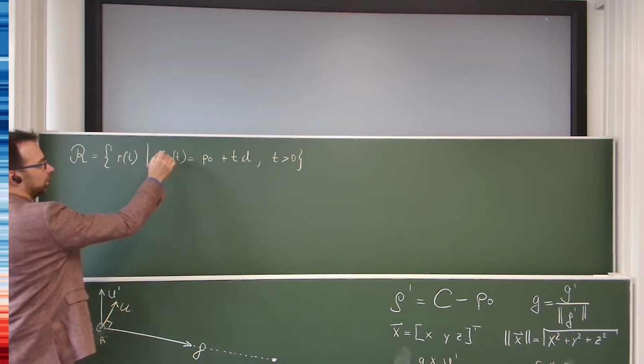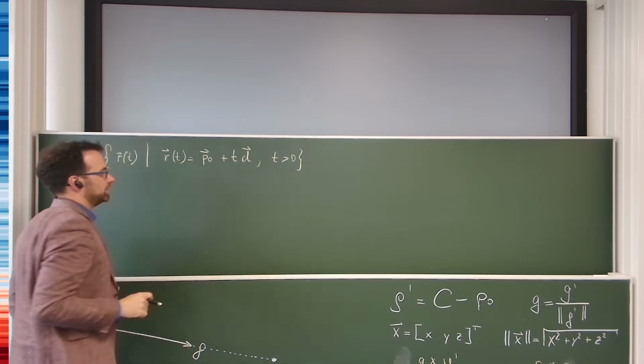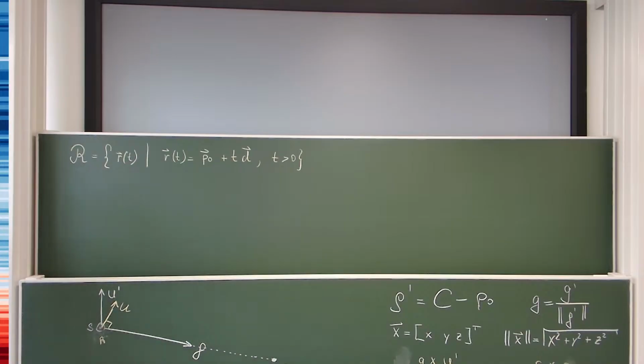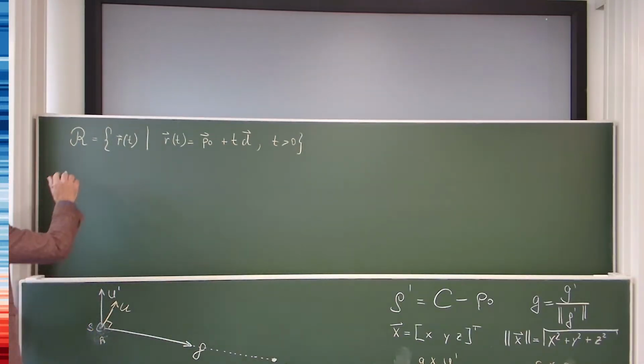And again, this is a vector, this is a vector, this is a vector, and this is a vector. But let's keep that in mind, which is a vector, which is a scalar. Maybe I draw vector arrows. Anyway, it's a bit clearer.